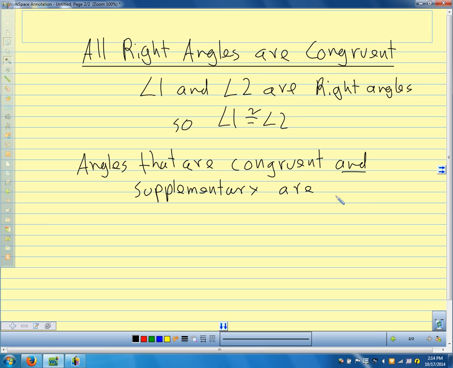What was it? Right angles. Very nice. They're congruent means they have the same measure, and supplementary means they add up to 180. So if they have the same measure and they add up to 180, they have to be right angles. Very nice. That was very fast.